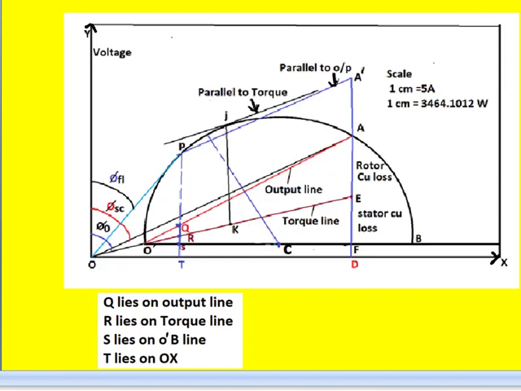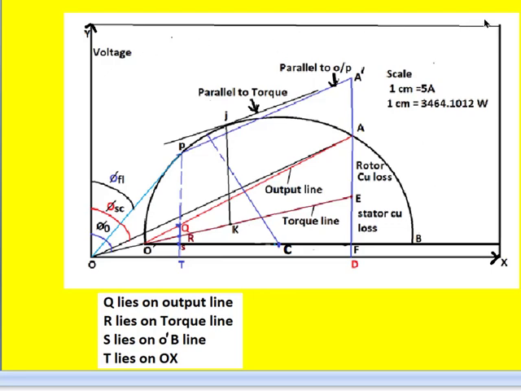To decide the power scale for this problem, first of all, let me explain the construction of the circle diagram with a magnified diagram, and then I will also show the actual diagram as per the scale.